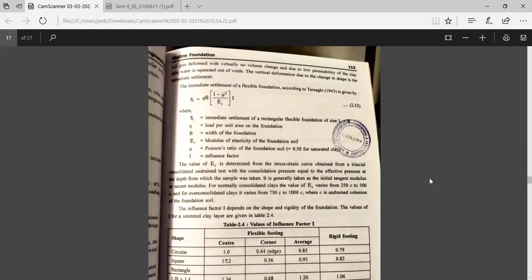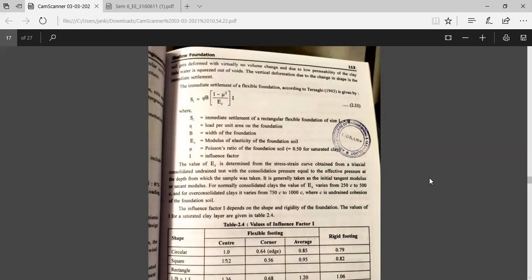So for normally consolidated clay, the value of Es varies from 250c to 500c, and for overconsolidated clay, it varies from 750c to 1000c, where c is the undrained cohesion of the foundation soil.